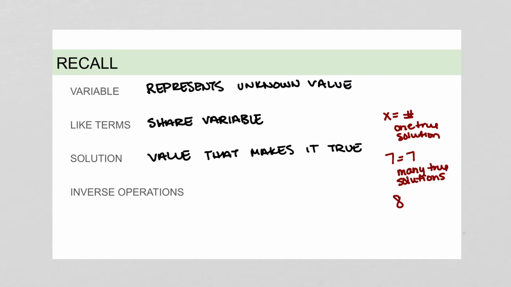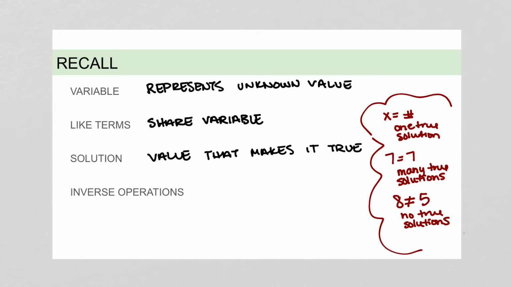If we get a statement like 8 equals 5 where it's not true, we know that there are no solutions, because no matter whatever we put in for x, 8 will never equal 5. Okay, so that's kind of a sidebar, a side note to help remind you of how many solutions there are.